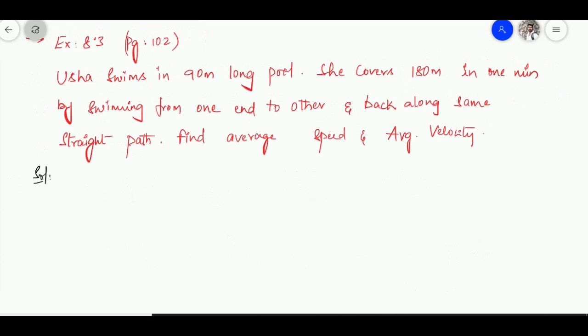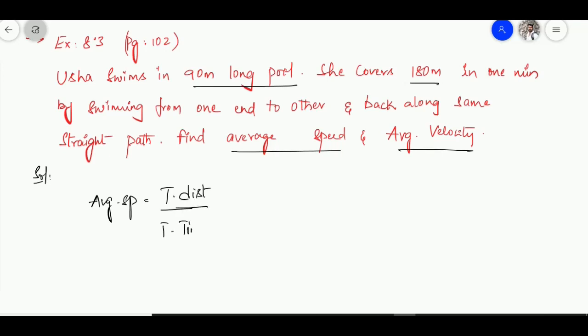Example 8.3. Usha swims in a 90-meter long pool. She covers 180 meters in 1 minute by swimming from one end to the other and back again along the same path. Find average speed and average velocity. Let's take average speed equal to total distance by total time. So let's say this is the pool.